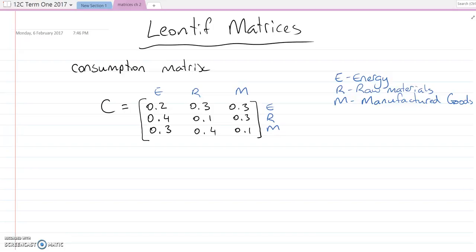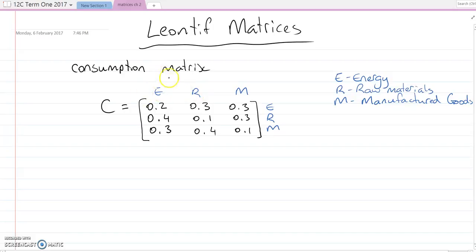And you need also some coal and some steel to make 1 ton of coal. This is the same sort of thing, except we've expanded it to 3 inputs and outputs. We've got energy, raw materials, and manufactured goods. And you can have a much more complicated system.